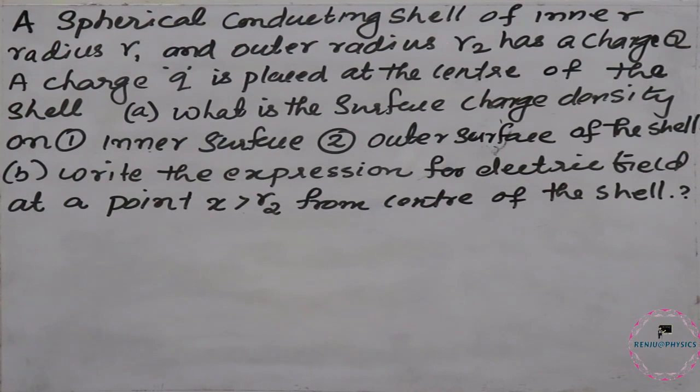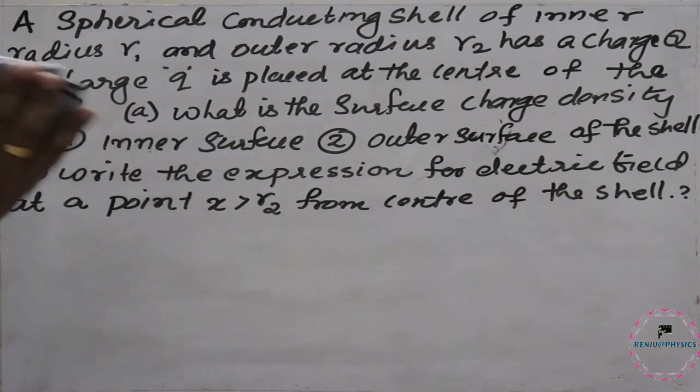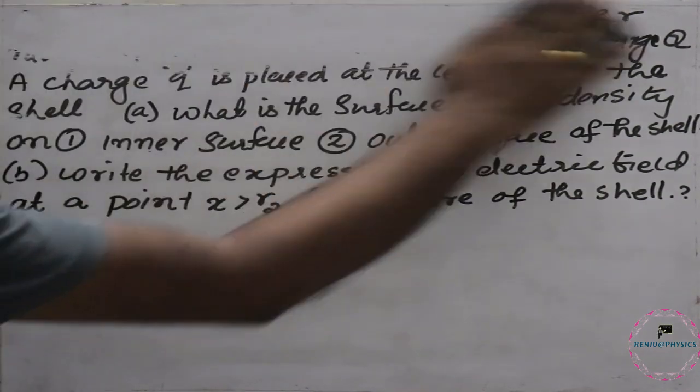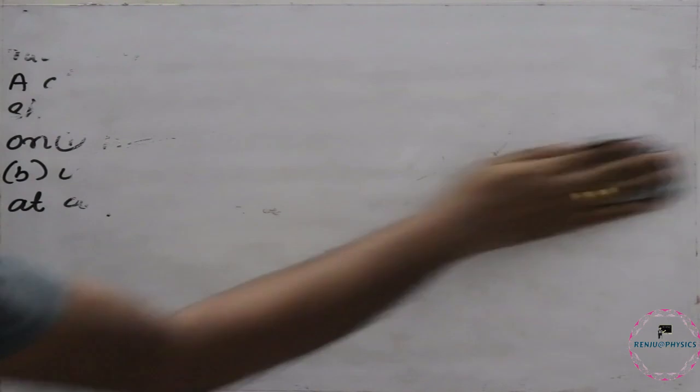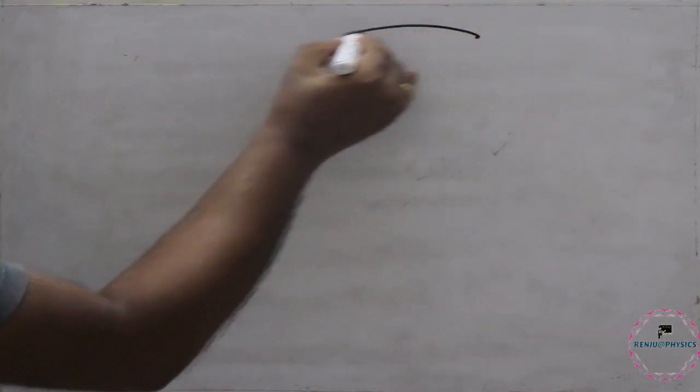And second question, write the expression for the electric field at a point x greater than R2 from the center of the shell. Okay, so here we have to consider a spherical shell. So this is a spherical shell.